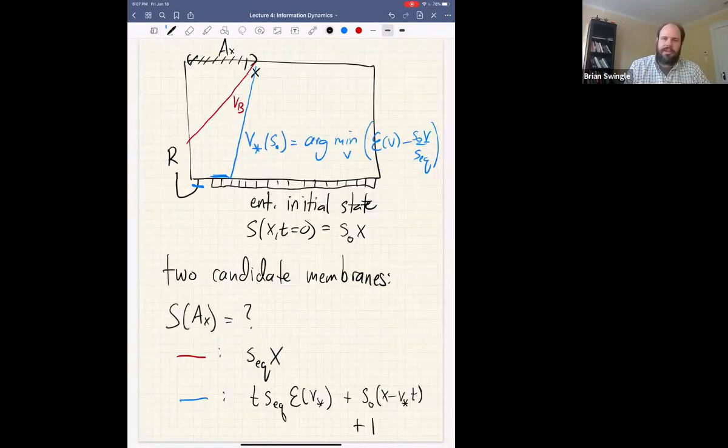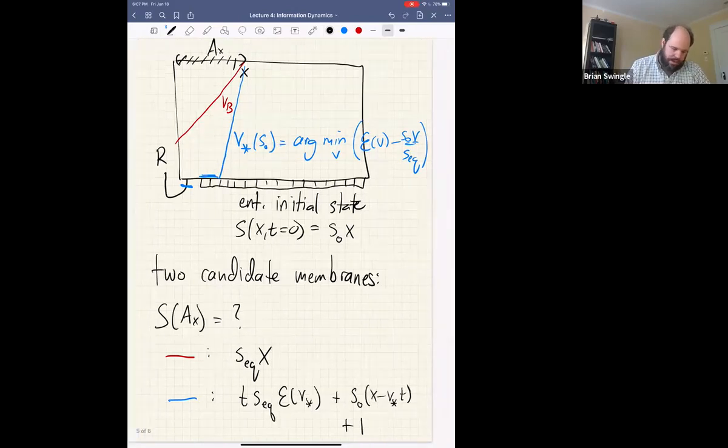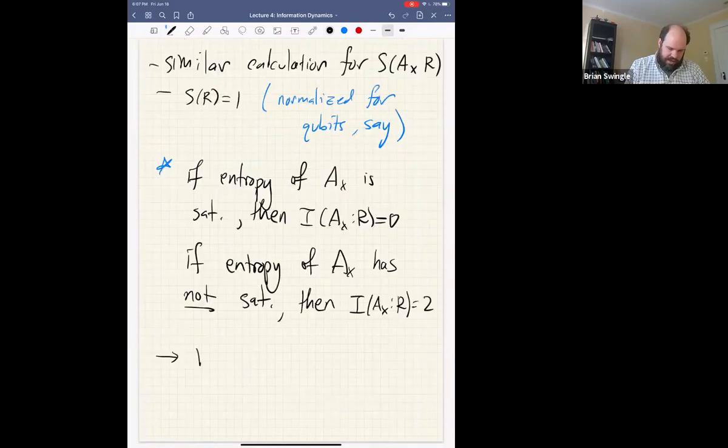That sets the saturation time for a given region of size X. And what this implies is that the information velocity in this case is just equal to that minimizer. And it also has an alternate expression in terms of the rate divided by 1 minus S over S equilibrium.